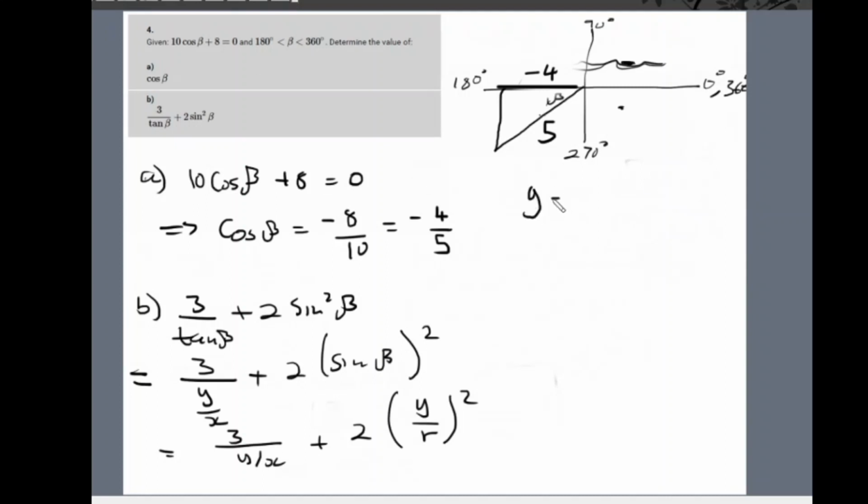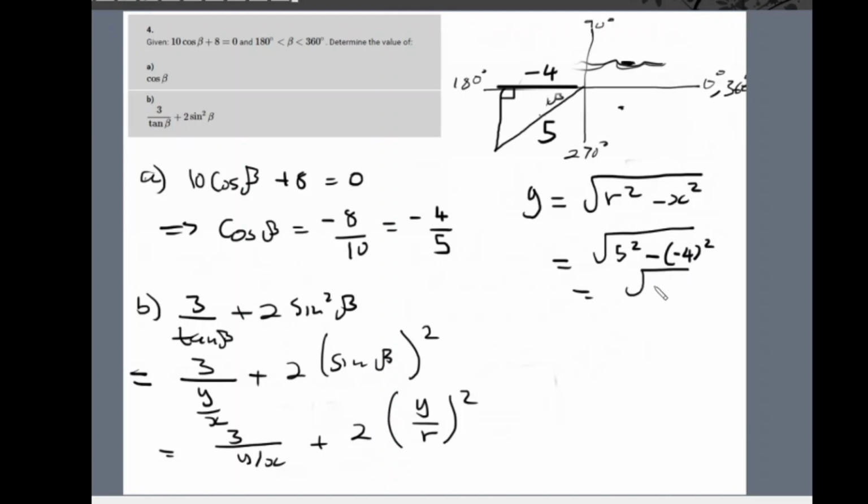So y will be the square root of r squared minus x squared, the theorem of Pythagoras, because we have a right angled triangle there, right? r is 5, x is minus 4, so the square root of 25 minus 16, which is the square root of 9, right?